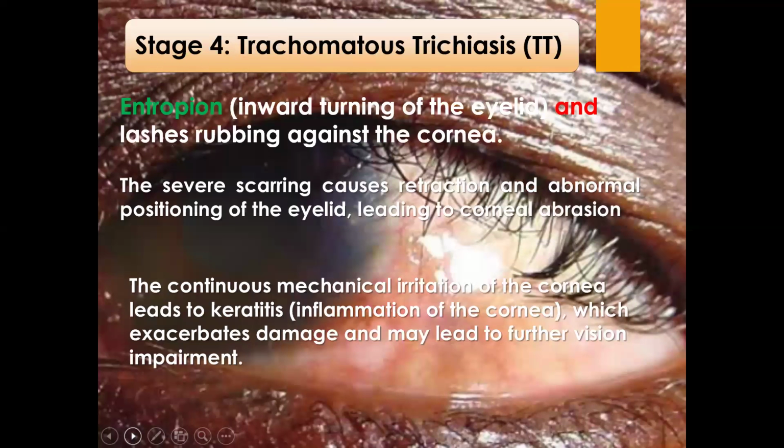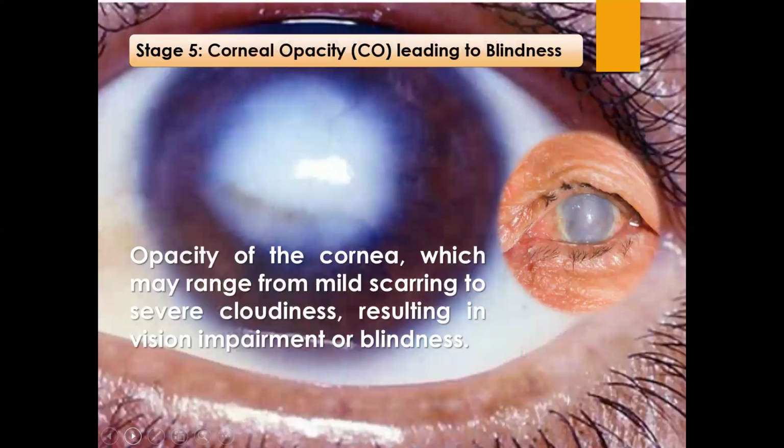And this leads to corneal irritation and opacity of the cornea, known as keratitis. And once there is keratitis, it leads to the fifth stage, full corneal opacity. The corneal opacity begins from the fourth stage, and once there is corneal opacity, it can lead to blindness.